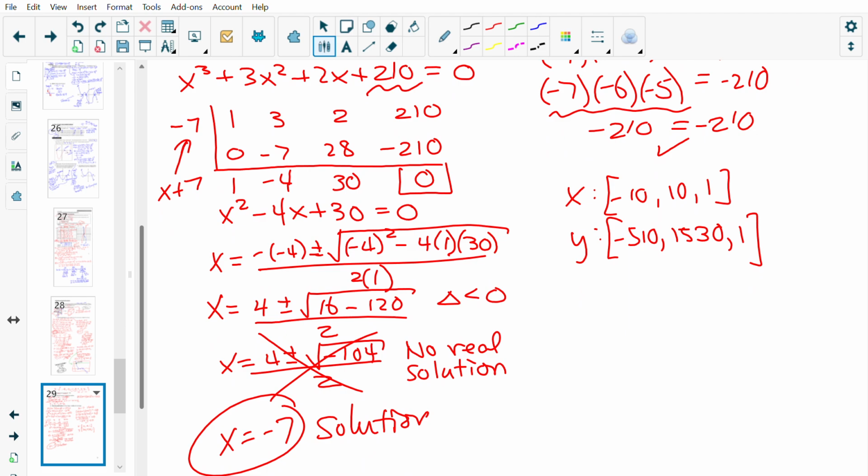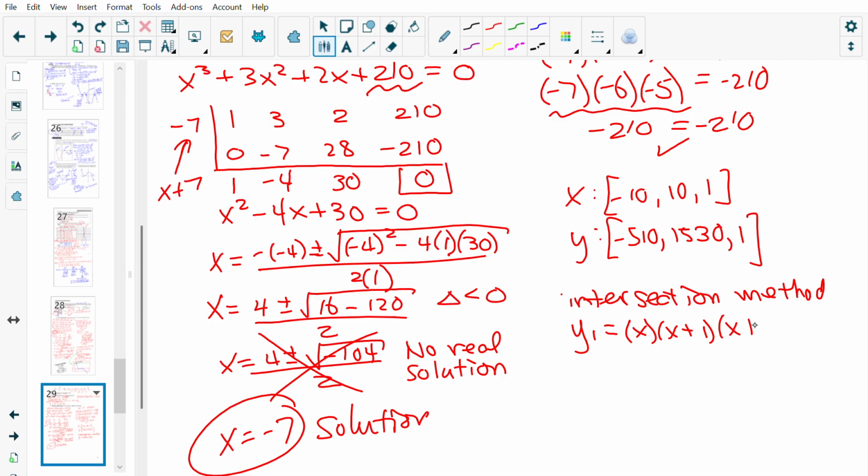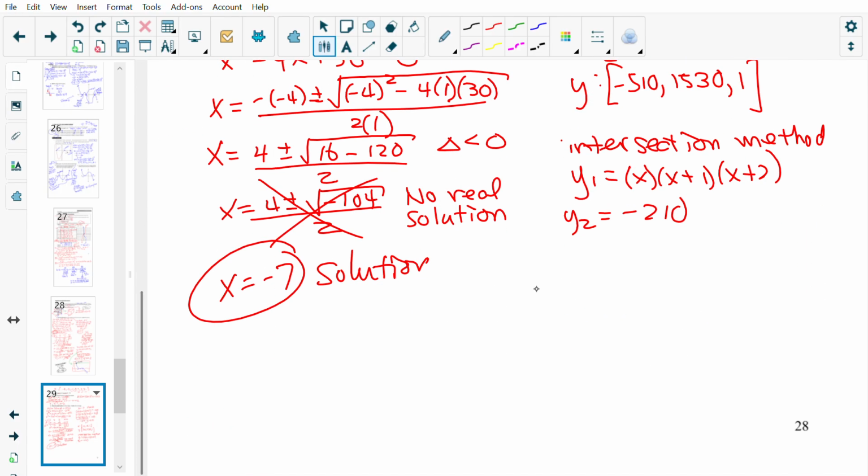Okay, I'm going to use the intersection method where y1 equals x times x plus 1 times x plus 2, and y2 equals negative 210.